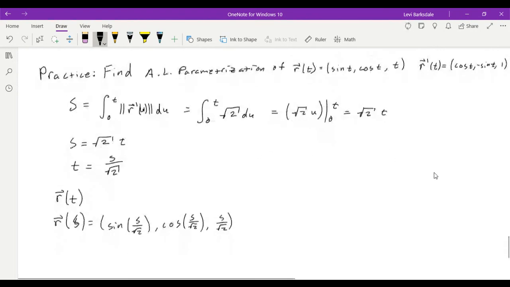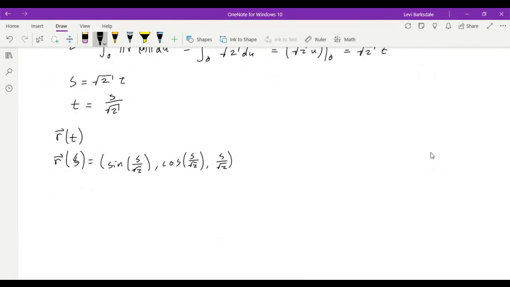All right, and as you can see, if we took the first derivative, we would get cosine of s over root 2 times the derivative of the inside, which is 1 over root 2, cosine s over root 2, negative 1 over root 2 sine of s over root 2, and lastly 1 over root 2.